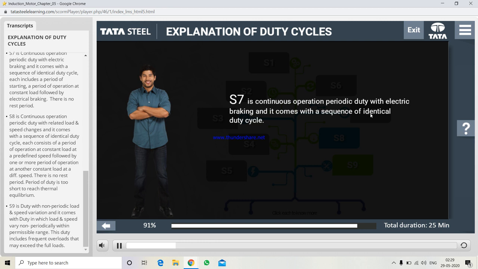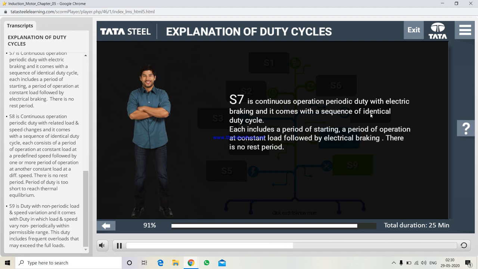S7 is continuous operation periodic duty with electric braking and it comes with a sequence of identical duty cycles. Each includes a period of starting, a period of operation at constant load followed by electrical braking. There is no rest period.